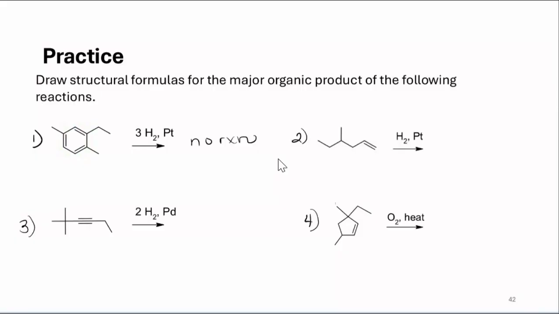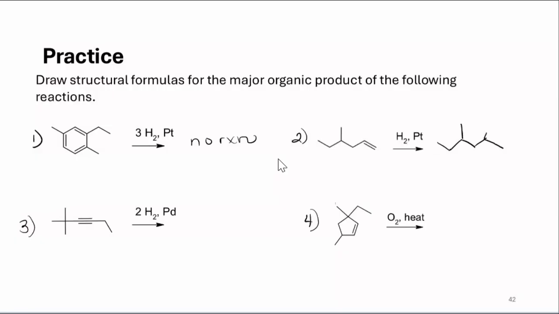On number 2, we have an alkene and we have hydrogenation conditions. What we have is that on the carbons that used to be double bonded, each of them will receive a hydrogen. So typically what we do in order to write the product is that we rewrite the reactant and exclude the double bond.